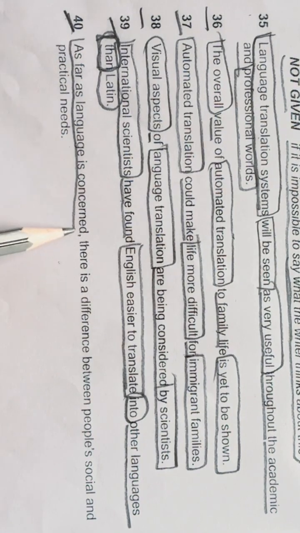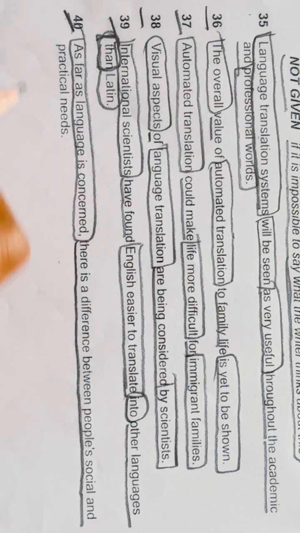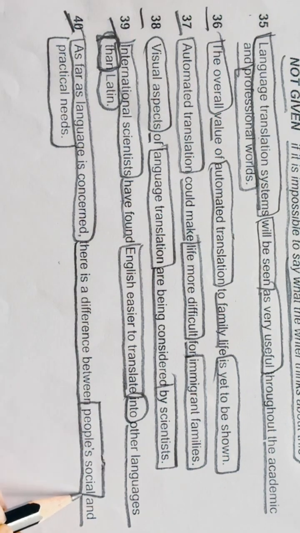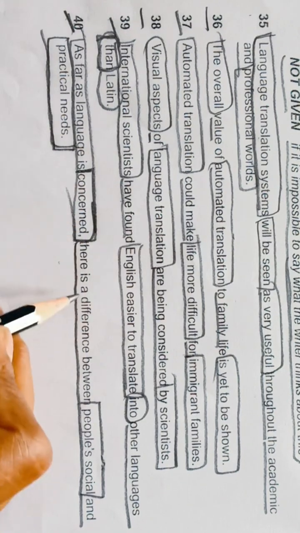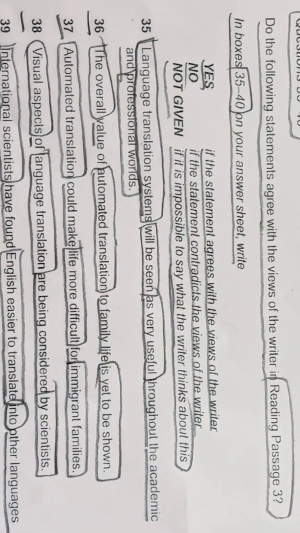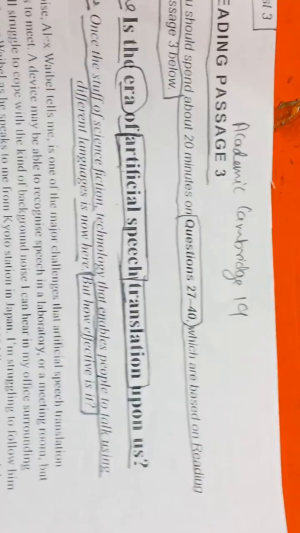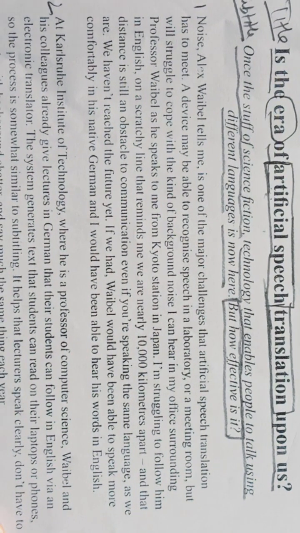As far as language is concerned, there is a difference between people's social and practical needs. Okay, so these are our keywords. So we have marked our keywords. Now we will quickly read our paragraphs. So let's quickly read our first paragraph.